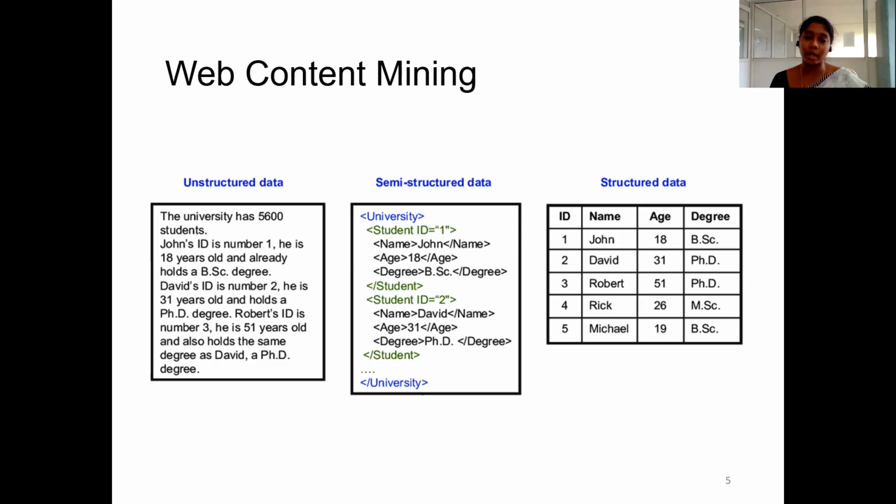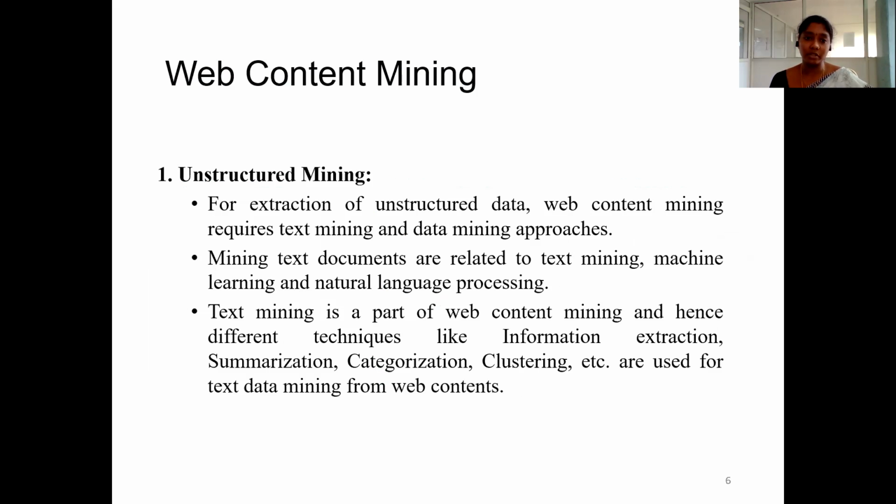Coming to the semi-structured data, it is something related to the syntactical aspect. Data written using tags like HTML tags and XML tags belongs to semi-structured data. I think it is clear what is structured, unstructured, and semi-structured data. So what is unstructured mining?